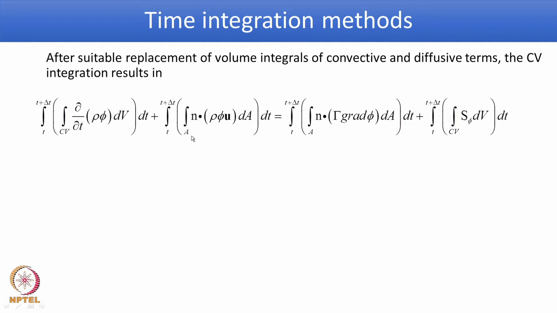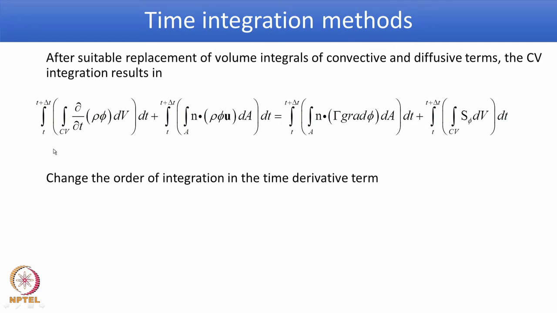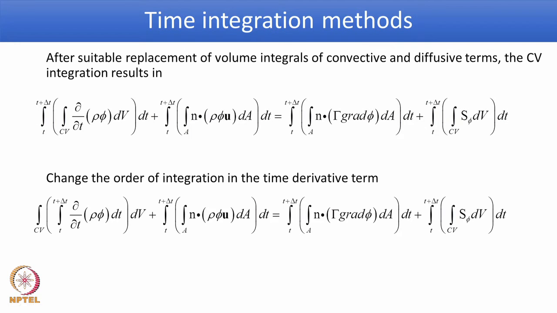The remaining terms are all known before, the convection term, diffusion term or any source term. We can replace, in the time derivative term, the integration over the control volume and integration over the derivative. So, change the order of integration in the time derivative term, and that will result in the formulation as shown here. So, this is from time t to t plus delta t.